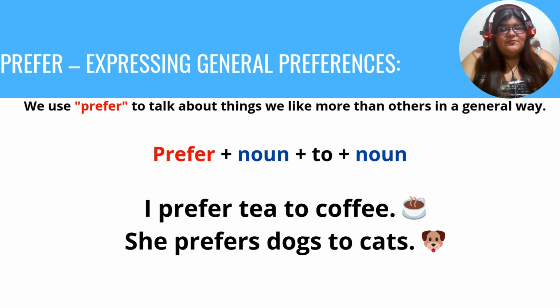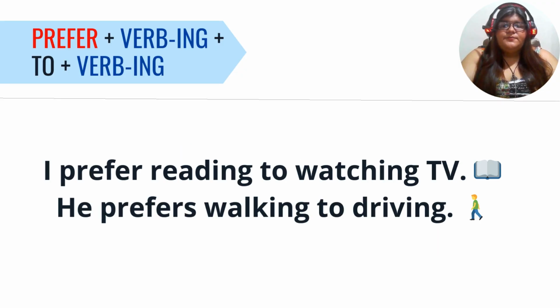But let's see more. Then we have prefer plus the verb in ing form plus to plus again the verb in its ing form. A gerund, right? But if you don't remember what a gerund is, I recommend you watch my videos. Don't worry, in this YouTube channel, we have all the topics that you need to know. But if you already know, great. Let's see the examples.